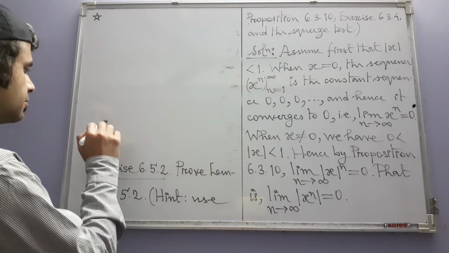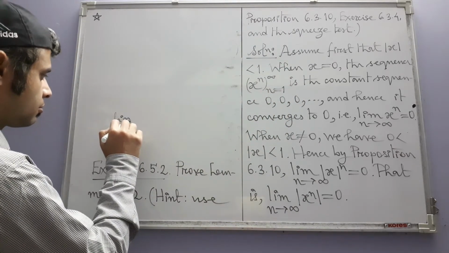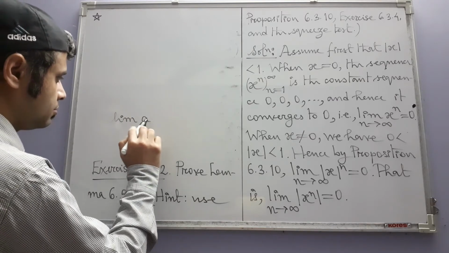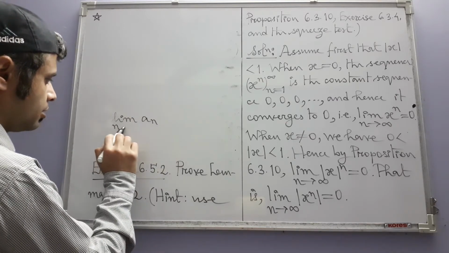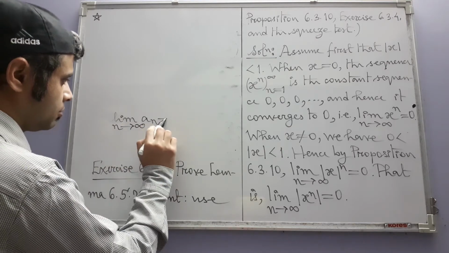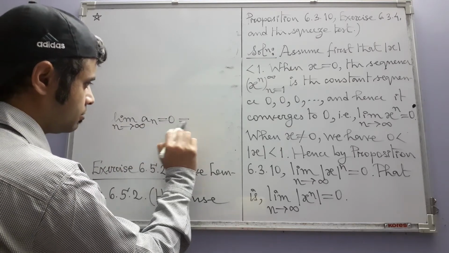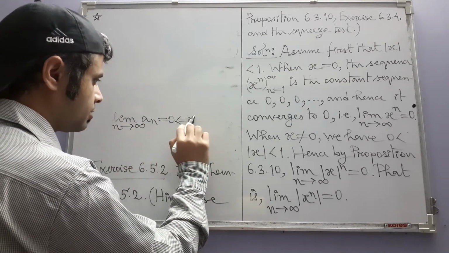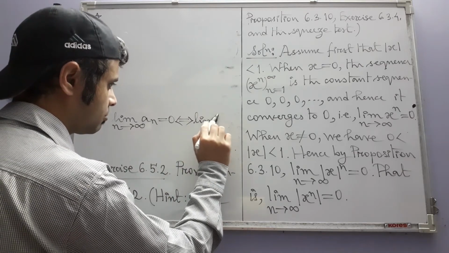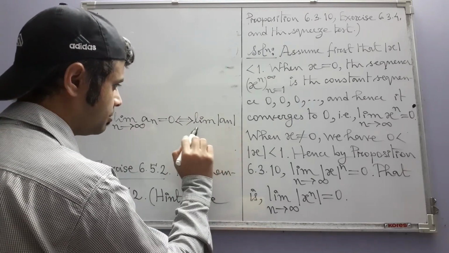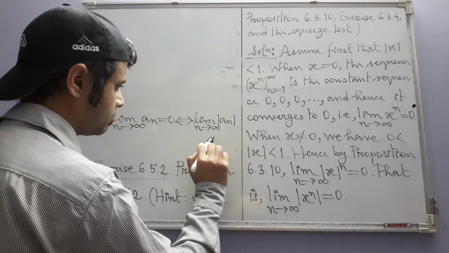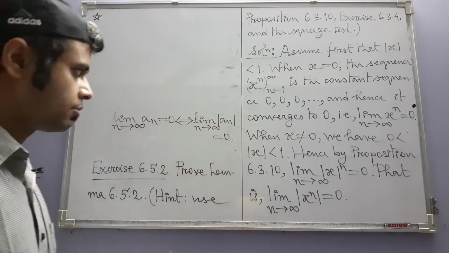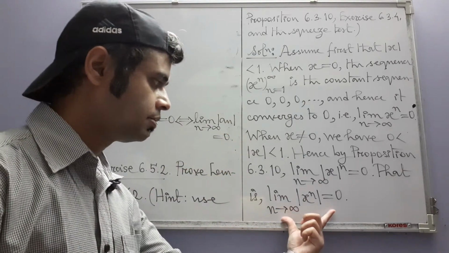That is this. This limit is equal to 0 if and only if this limit is equal to 0. So now in place of this we have this.